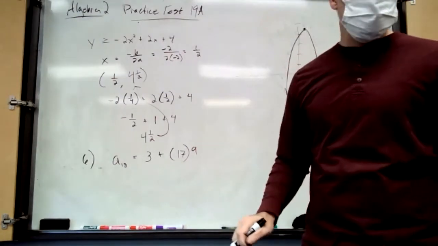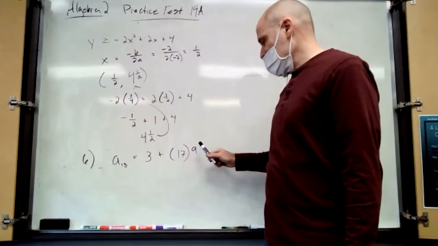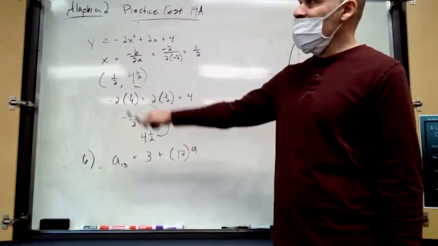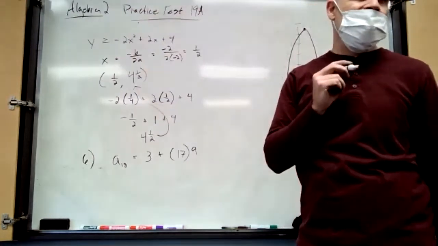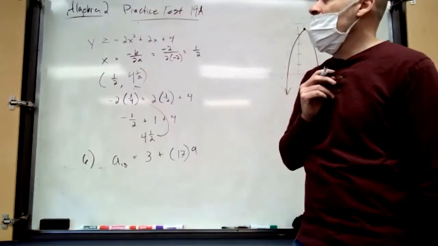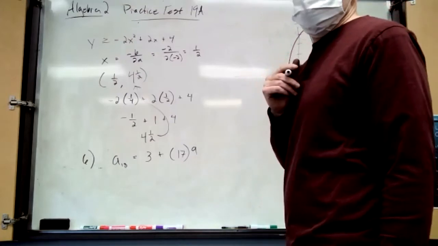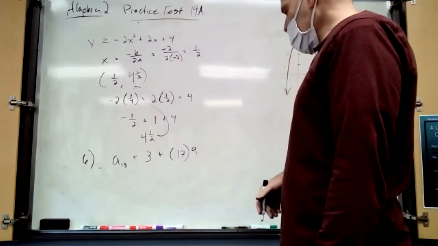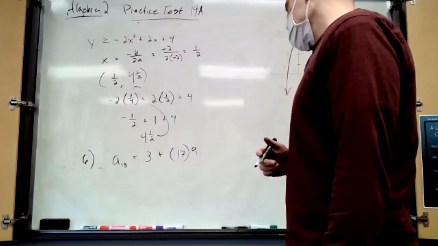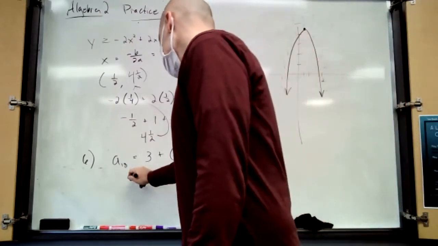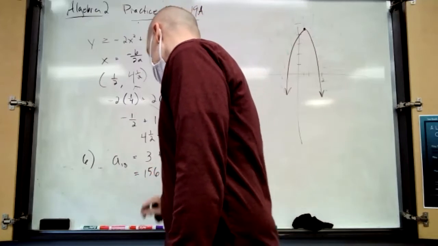Okay? And that makes sense, right? Because you're adding 9, 17 more times to get to the 18th term, right? So let's do that. What's 17 times 9? Well, 17 times 10 is 170. So 1 less 17 is 153, plus 3 is 156.